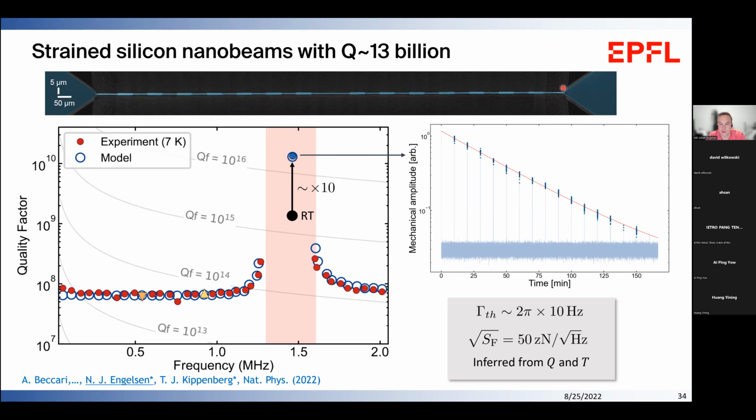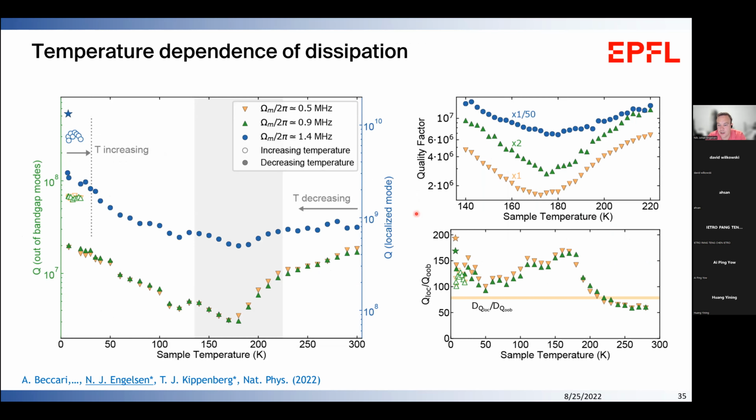This is only seen by the non-localized modes, but not by the localized mode. So the localized mode only sees the dissipation of the silicon itself, whereas the non-localized mode also sees the mechanical dissipation of the oxide. And this oxide has much higher dissipation than the silicon, especially at low temperature. So this is another benefit of the phononic crystal in this case.